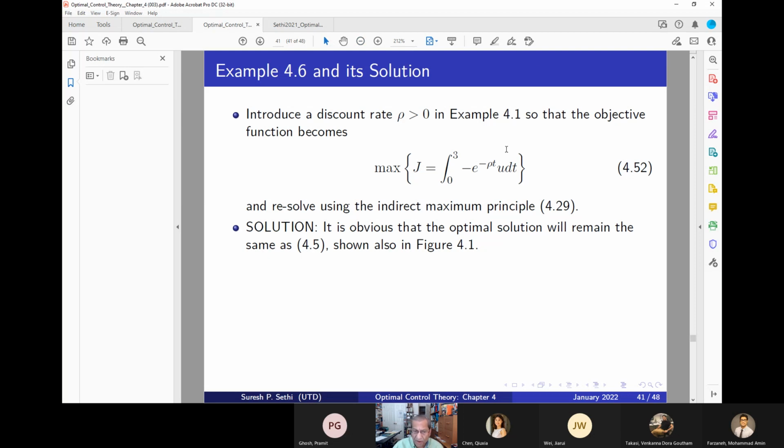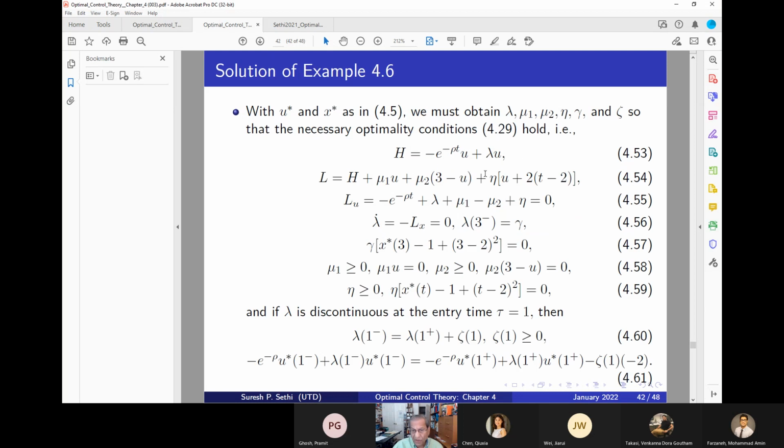It's a finite horizon problem, so I don't really need to use the current value formulation. So I'm going to use the standard formulation.